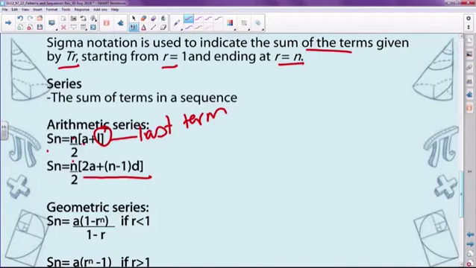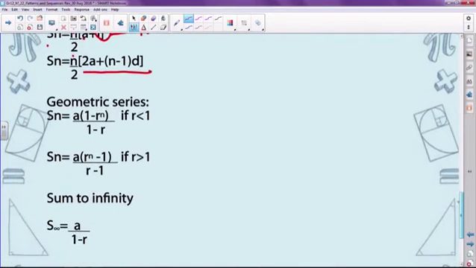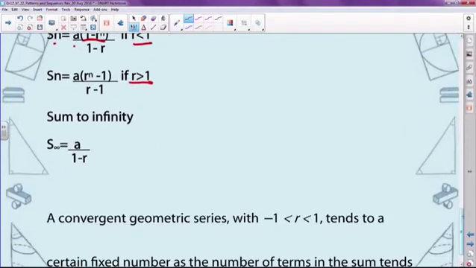That whole thing is also given to you on your formula sheet. For a geometric series, you've got two different formulae. If r is less than 1, Sn = a(1 - r^n) over 1 - r. And if r is greater than 1, then you've got r^n - 1. It just makes dealing with the signs a little bit easier as well.